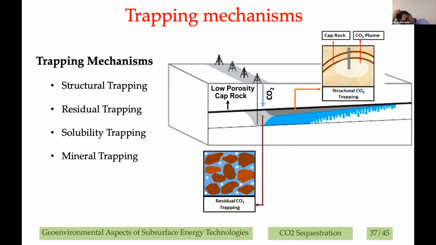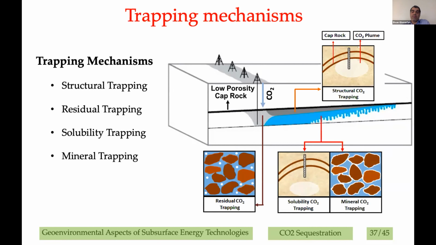Solubility trapping is another mechanism that will contribute to trapping of CO2 in the reservoir, and the mineral trapping would be last. So these trapping mechanisms will act in different time scales, and some of them contribute initially and more compared to others, but over time, specifically hundreds and thousands of years, the other trapping mechanisms will start to contribute more and more.